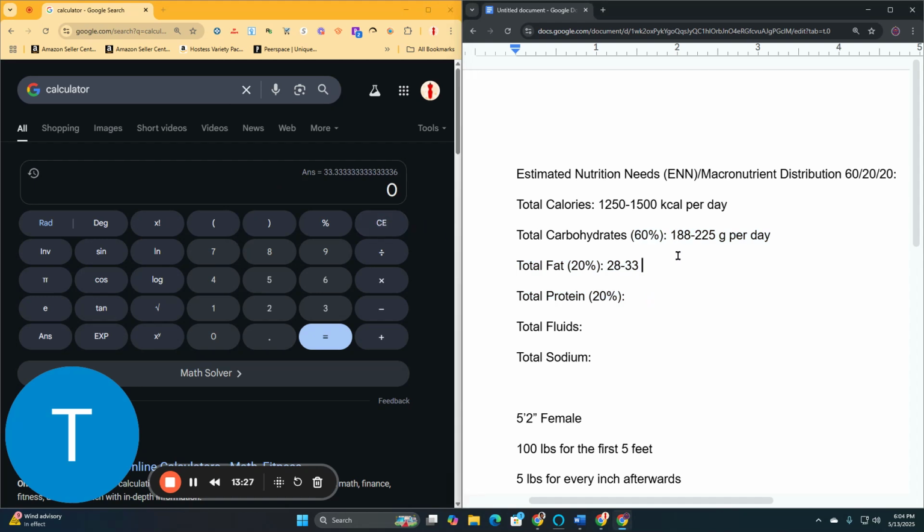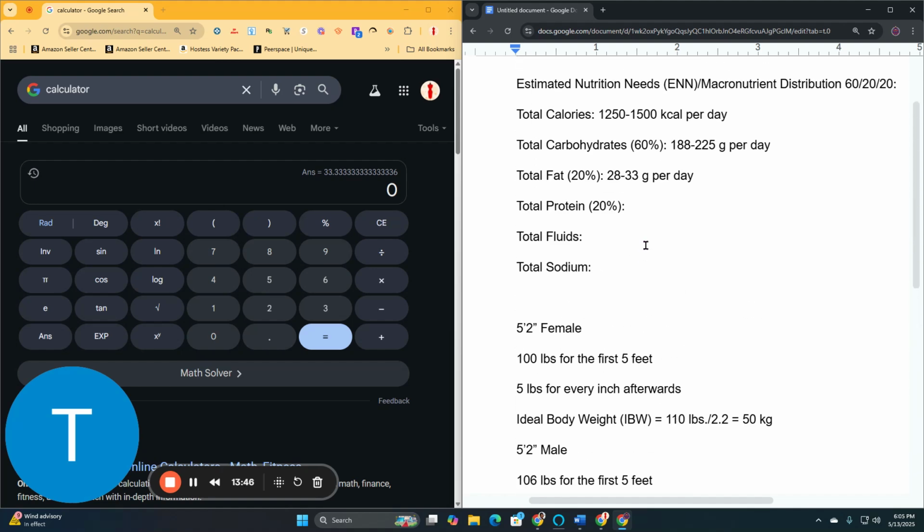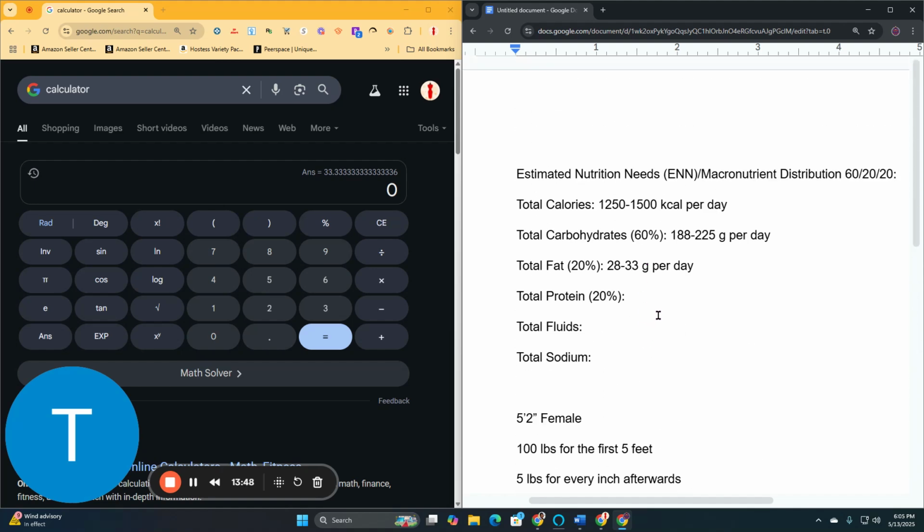Grams of fat per day. Protein is, so 1 gram of protein equals 4 calories. And so that means the same concept here.